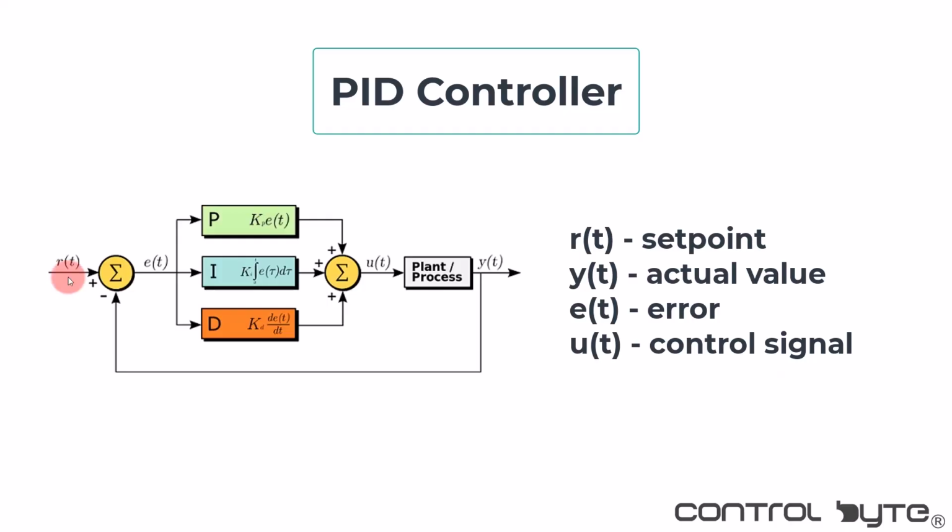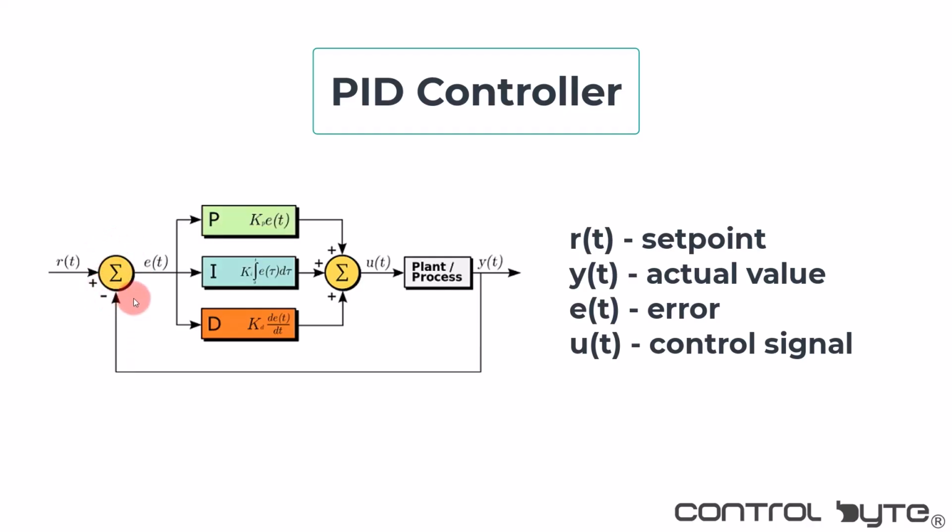In a PID controller, we can identify the following signals. At the input, we have the setpoint signal R of t. At the output, we have the actual value, which is the measured value from the process. This actual value goes into the summing junction.